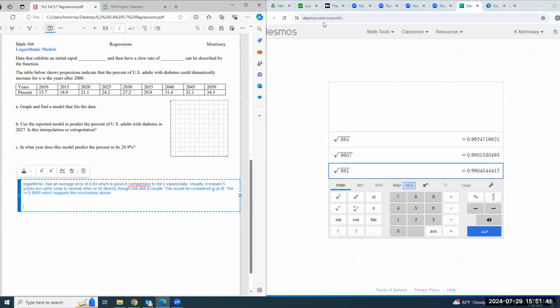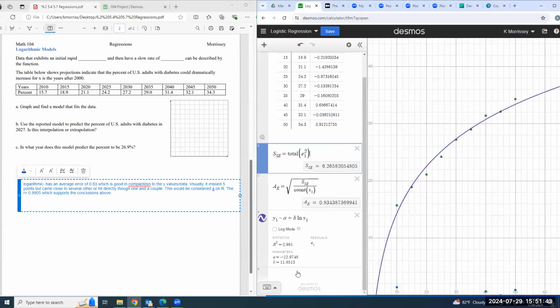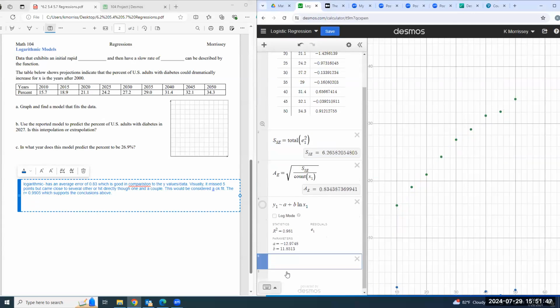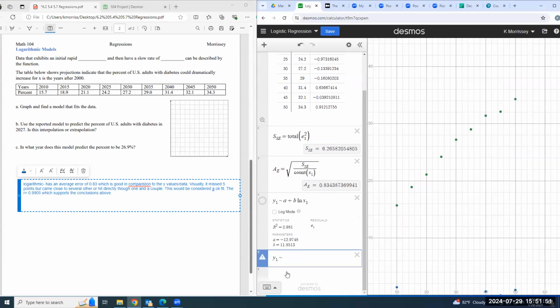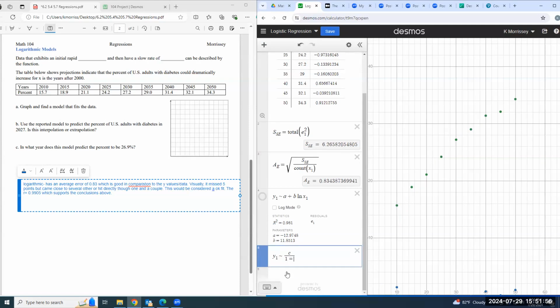Now let's compare it to a logistic. So we can click out of that one and look for your logistic. So your logistic, same kind of setup, at least for the beginning. We have C over 1 plus A e to the negative b x sub 1.